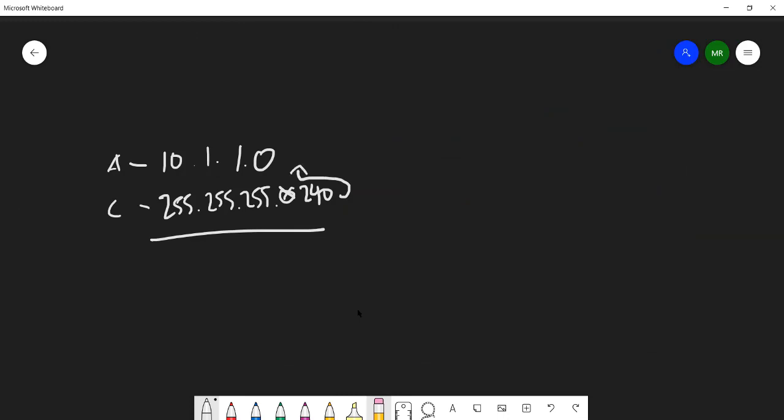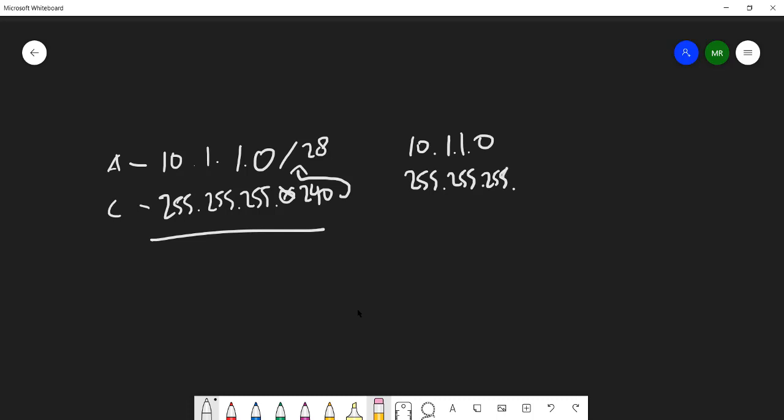And what about prefix mask notation? If we have 10.1.1.0 with a 255.255.255.240 subnet mask, we have /28.